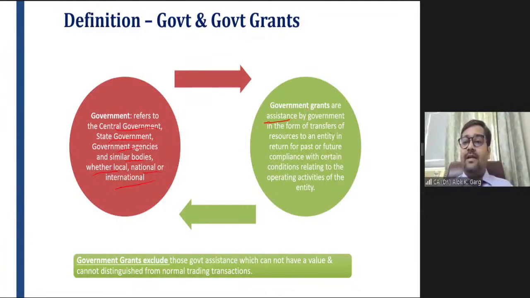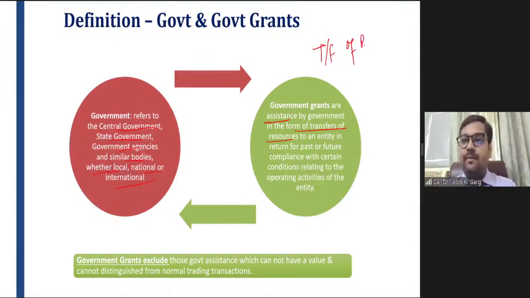So it is assistance where the resources are transferred to an entity.